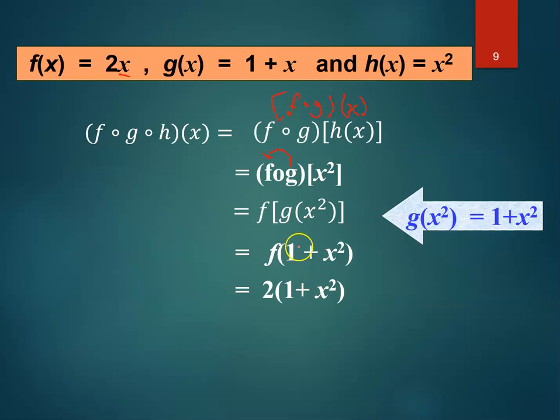But now this x is no longer x because previously we substituted the x with x squared, right? So the term 1 plus x becomes 1 plus x squared. Okay, so you just expand it, the function of f is 2x, so 2 times this whole thing. So you get this.